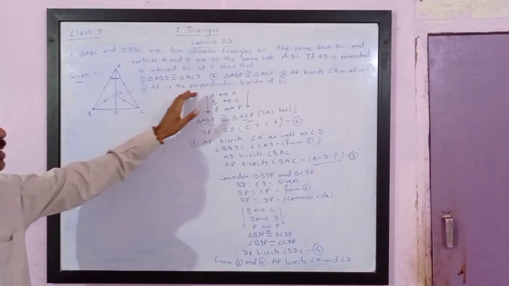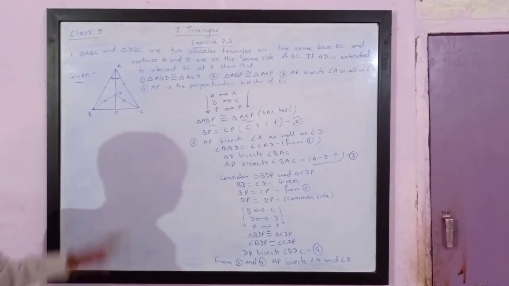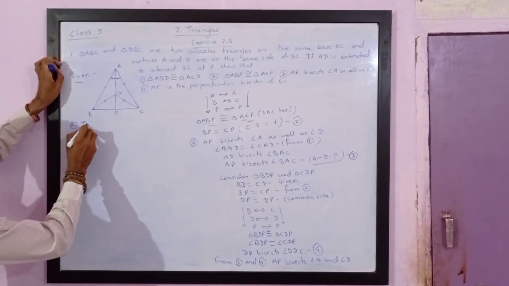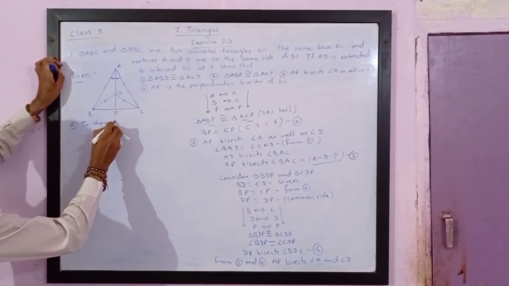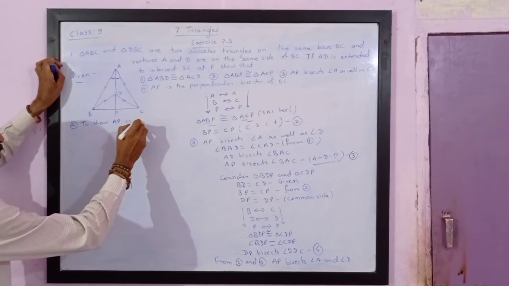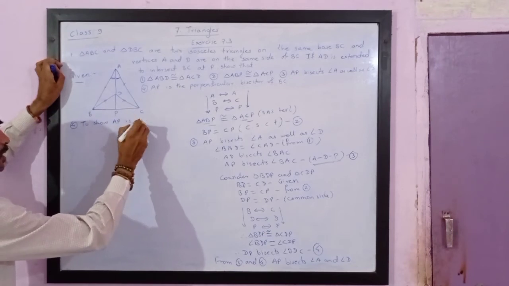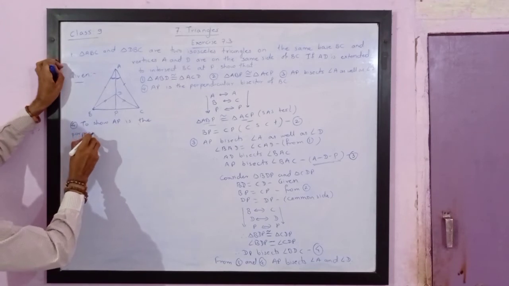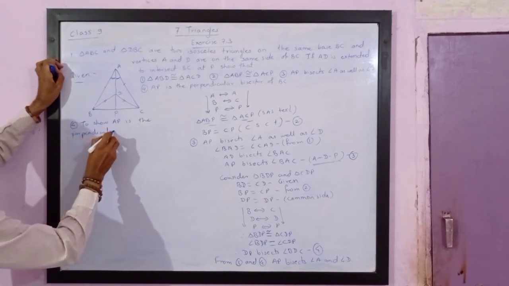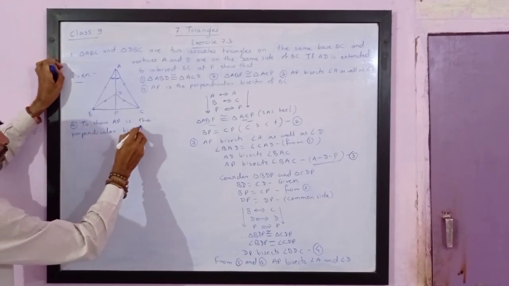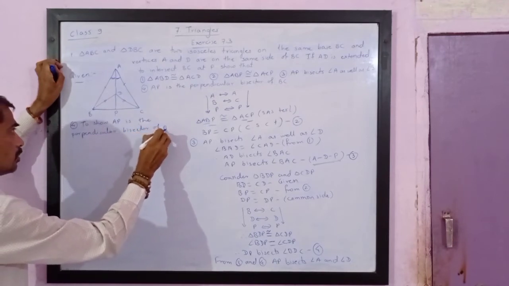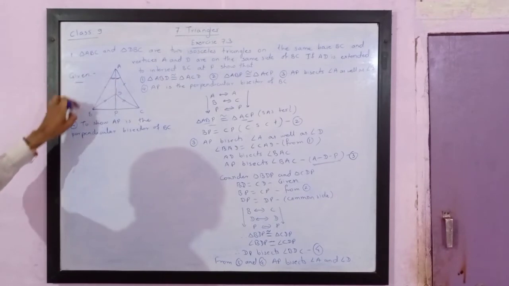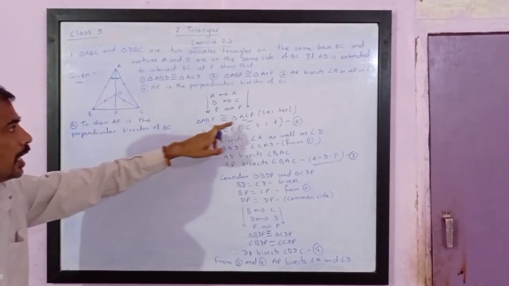Next is AP is the perpendicular bisector of BC. This is the fourth part. We have to show that AP is the perpendicular bisector of BC. Now see, we have already proved triangle ABP is congruent to triangle ACP.